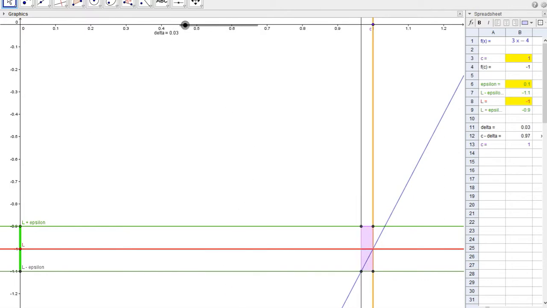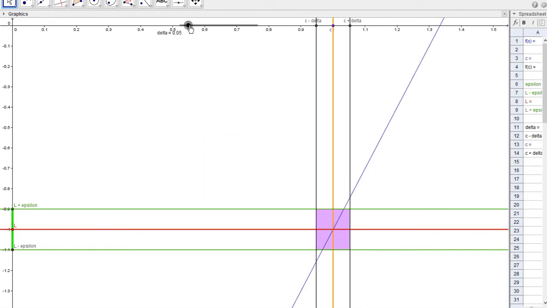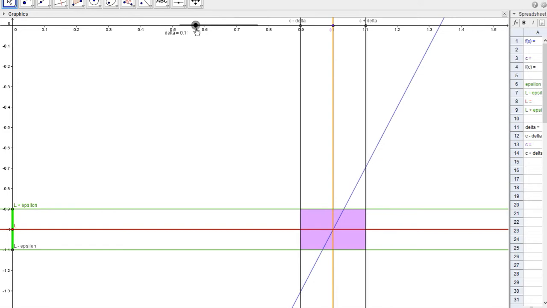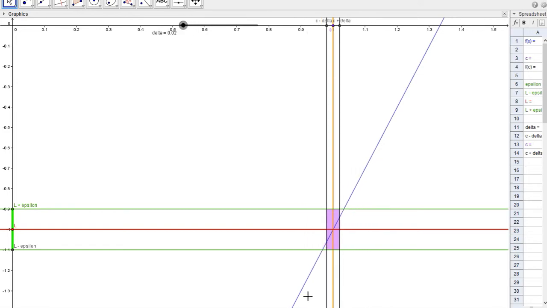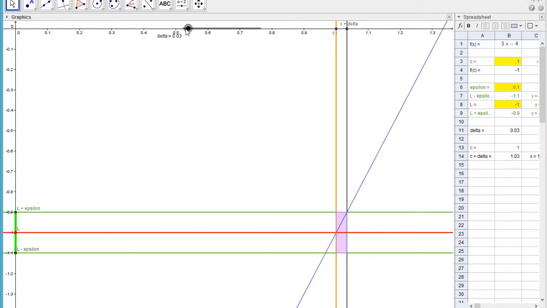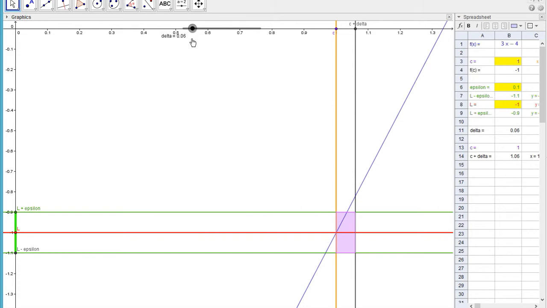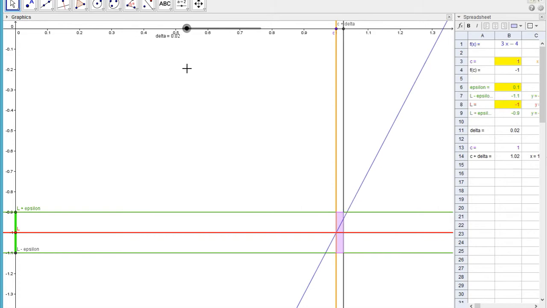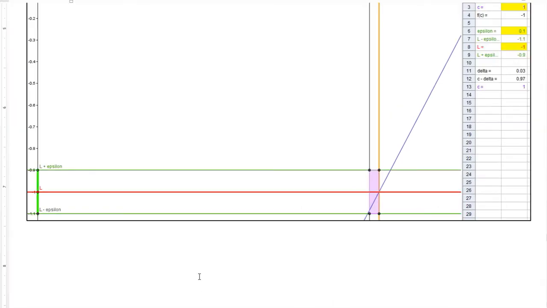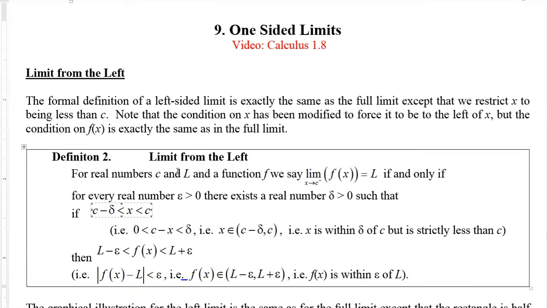And of course, then a right limit. This is the full limit. See, the box goes on both sides, coming in closer and closer. And the right limit, here it is, as we move delta, it's coming in closer and closer this way, but only from the right side. So again, pretty simple thing. The proofs and everything work basically the same way.